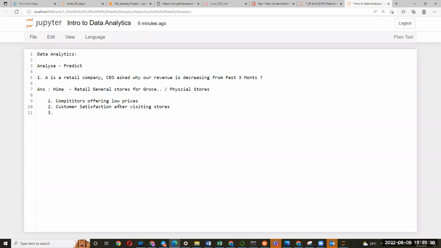And customer satisfaction: how cleanly and hygienically we are maintaining and storing our goods, all those things you're going to note down. Is there any remaining factor? Are you missing anything?